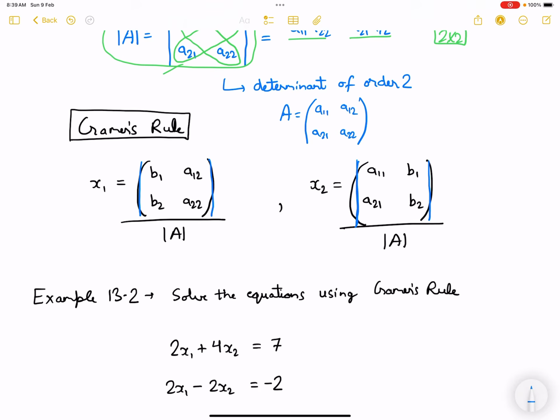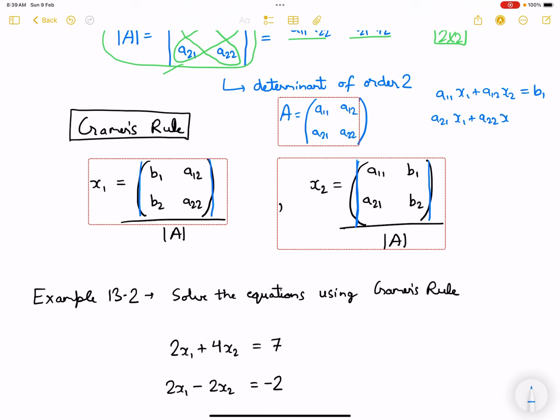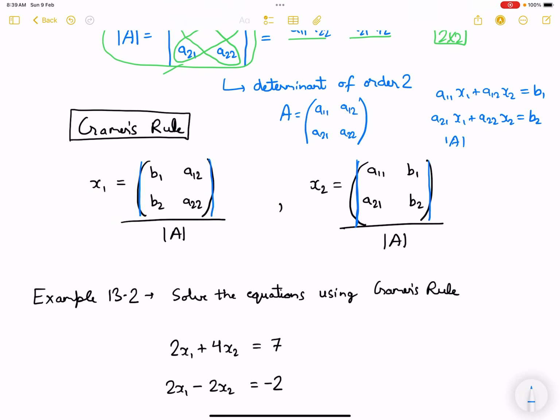Now, given this set of equations, a11 x1 plus a12 x2 equals b1, a21 x1 plus a22 x2 equals b2, we can find the determinant of A.